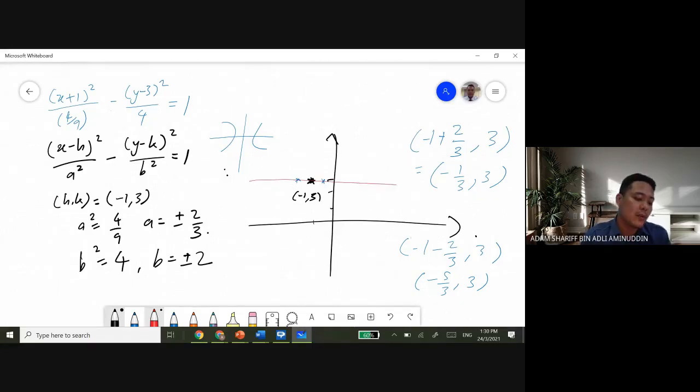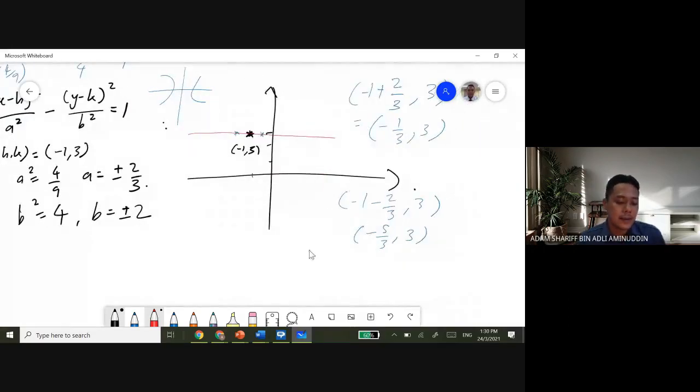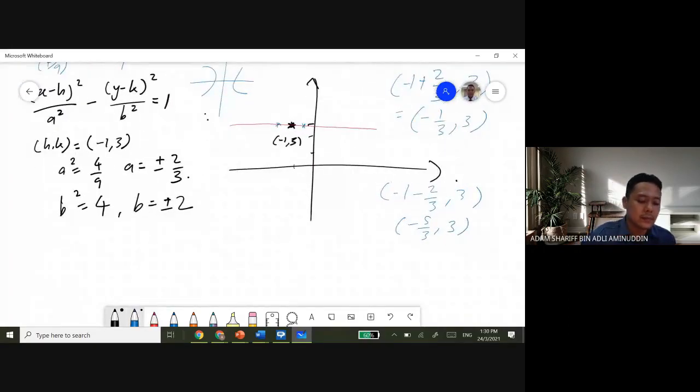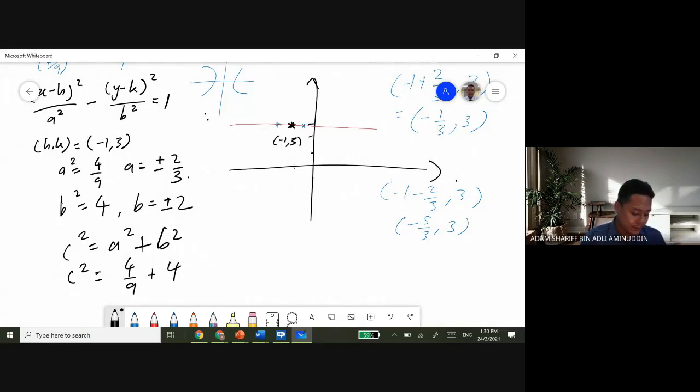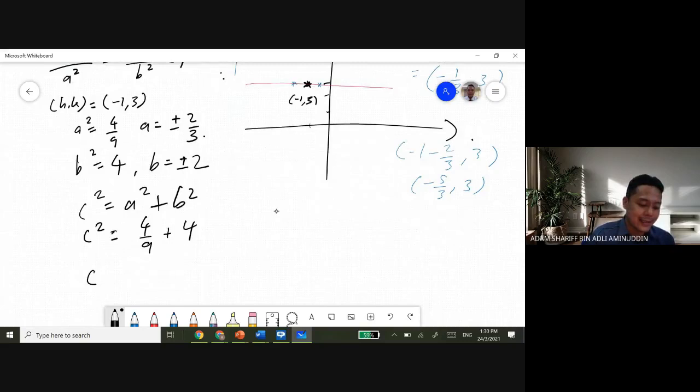And one more thing you need to find is C. Okay, C. C squared equals A squared plus B squared. Therefore, C squared equals 4/9 plus 4, 4 plus 4/9, 40/9. Nilai tak cantik lah. 40/9.